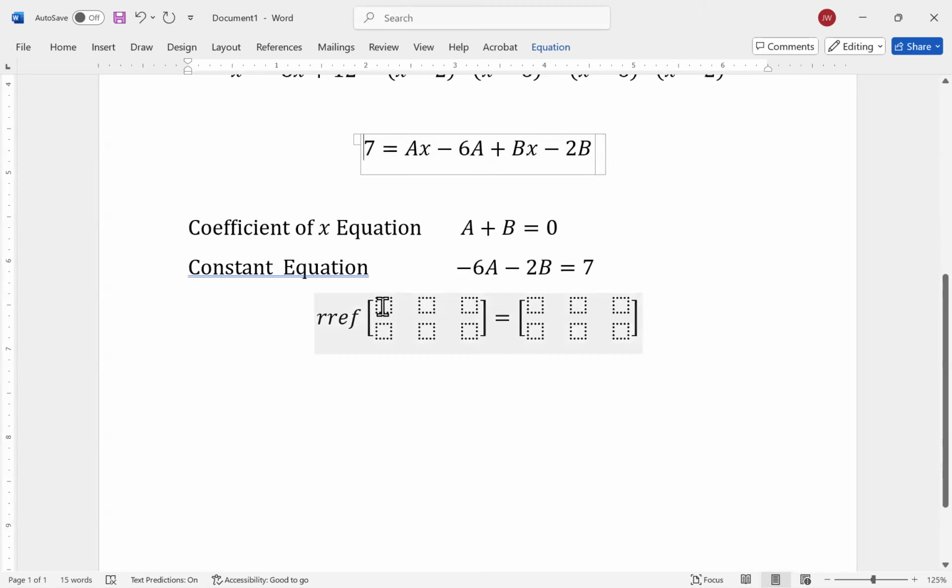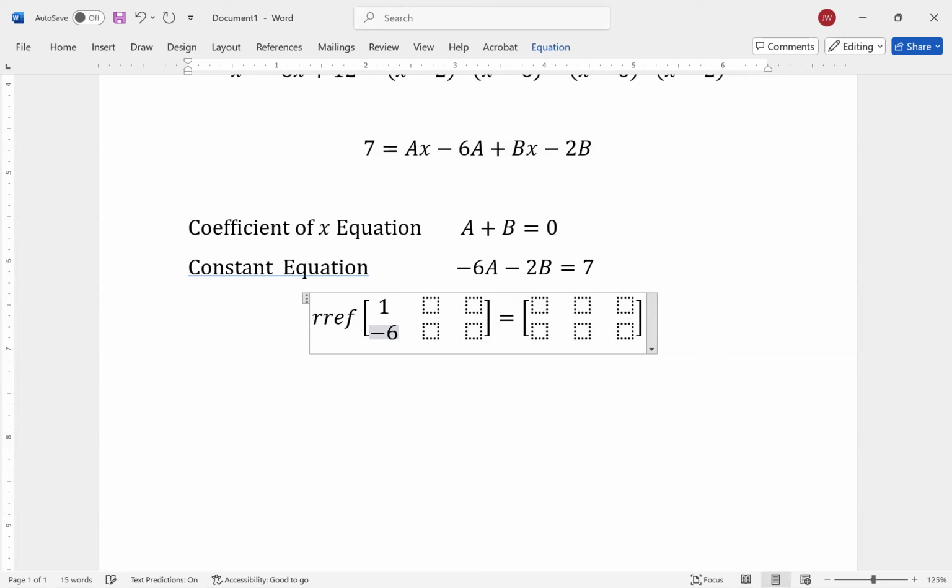If I'm using the RREF, I need to have coefficients of a in the first column, then coefficients of b in the second column, and then the third column has to be equal to the constants if I want to use the RREF.